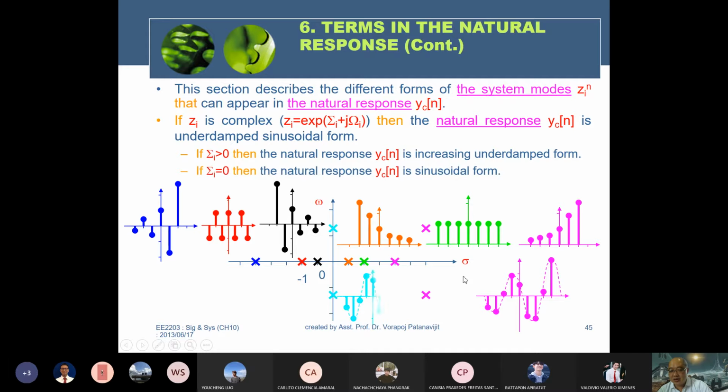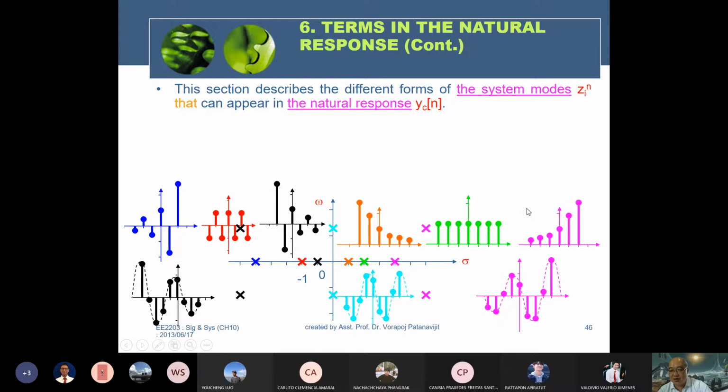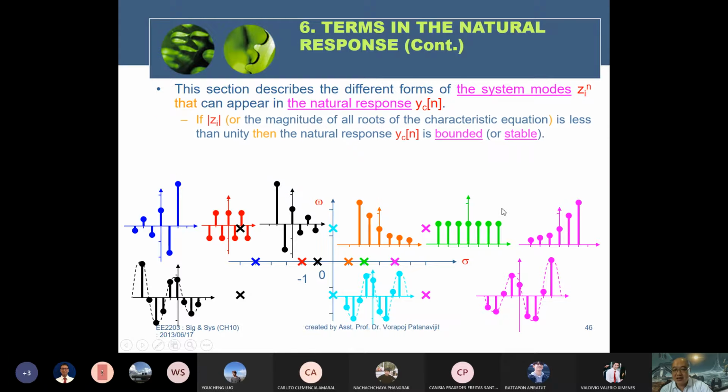If it is equal to 1, it will be a perfect sinusoidal waveform, oscillating with constant magnitude. And the last one, if the magnitude is less than 1, the magnitude will be decreasing, but it still oscillates. This is all the characteristics of the natural response that you can find from a real system.